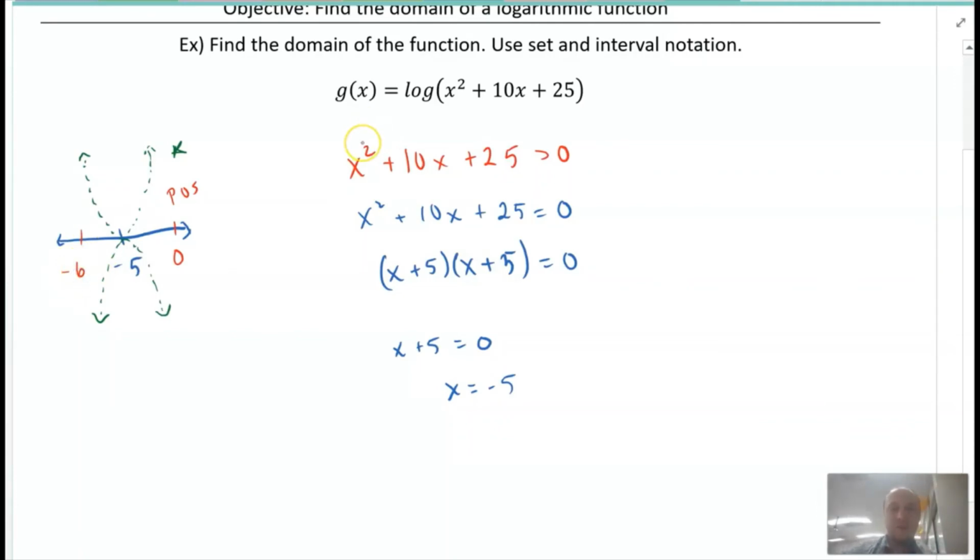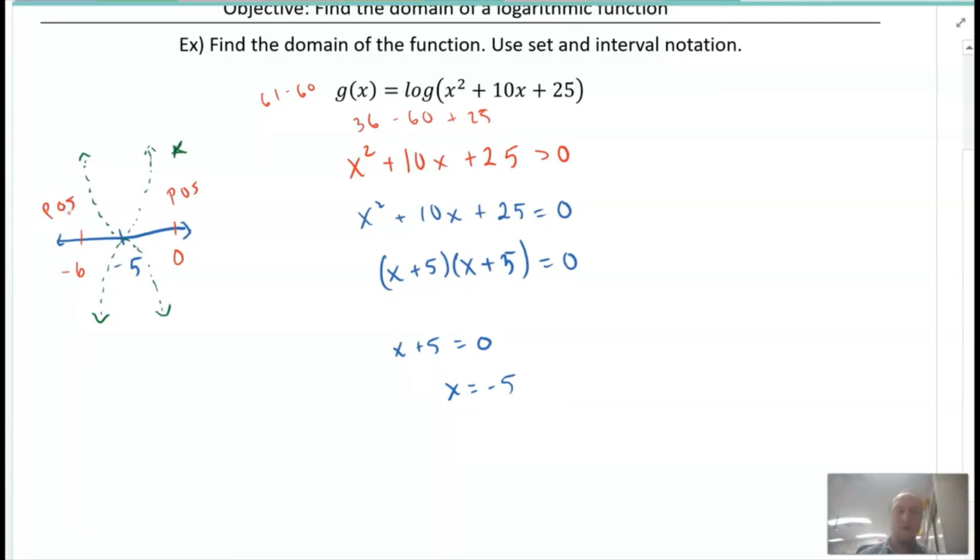If I plug in negative 6, we get 36 minus 60 plus 25, and this gives us 61 minus 60, so positive 1. It's positive.